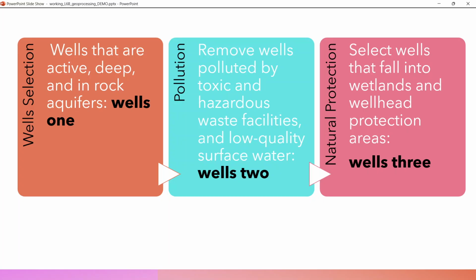If you recall from previous demonstration, shallow wells are more prone to pollution from surface water, and therefore deeper wells, on the other hand, are more likely to have cleaner water. And finally, the best wells should be in rock aquifers.